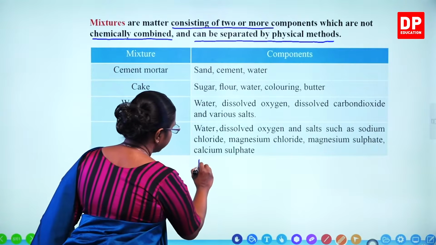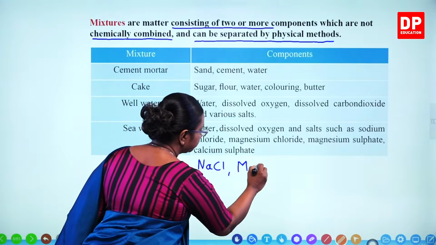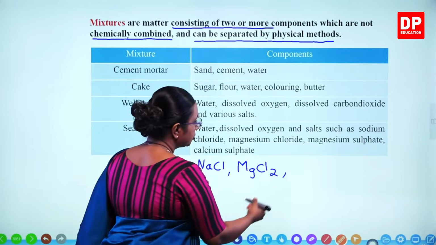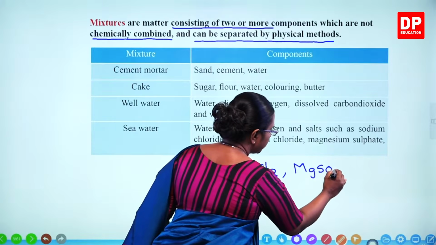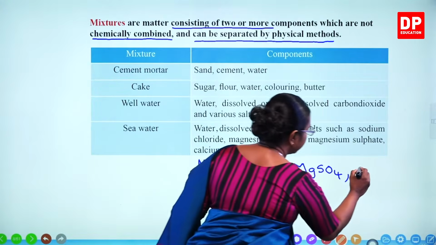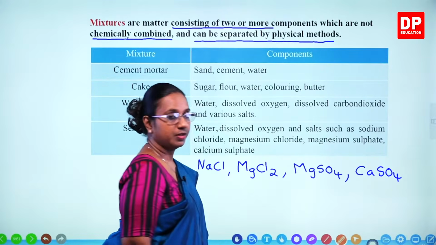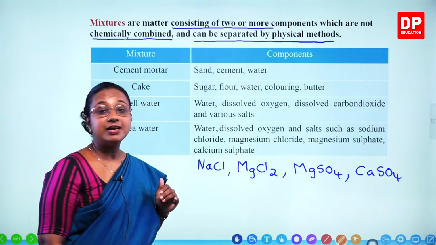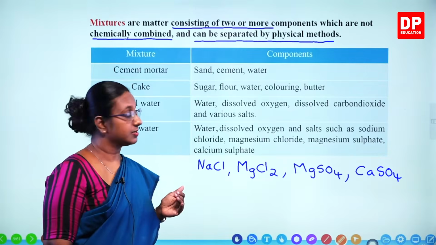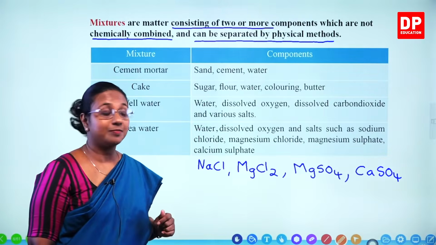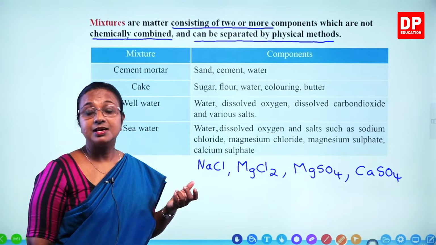Sodium chloride is NaCl, magnesium chloride, MgCl2, then we have magnesium sulfate, MgSO4 and finally calcium sulfate CaSO4. So those are the ions present here. So these are solid components. Water is a liquid component and the dissolved oxygen is a gaseous component.